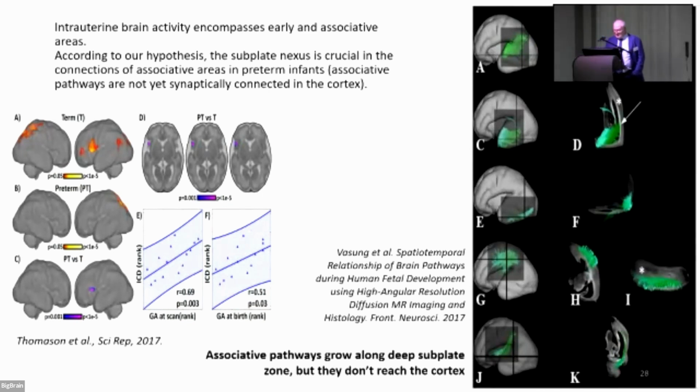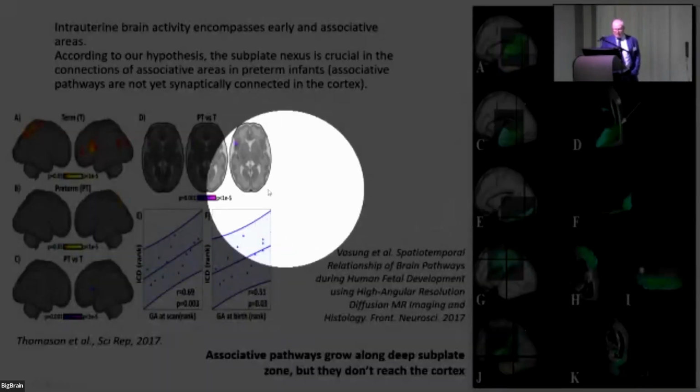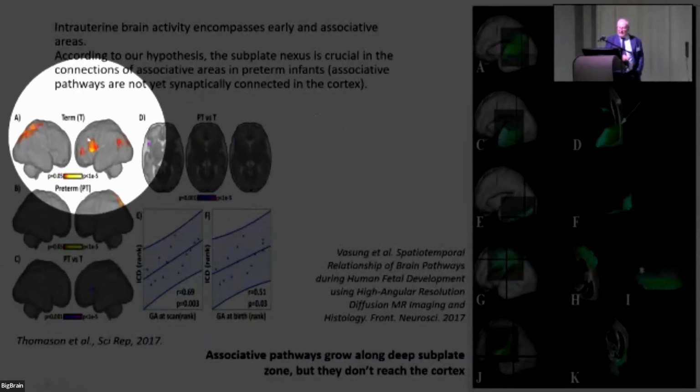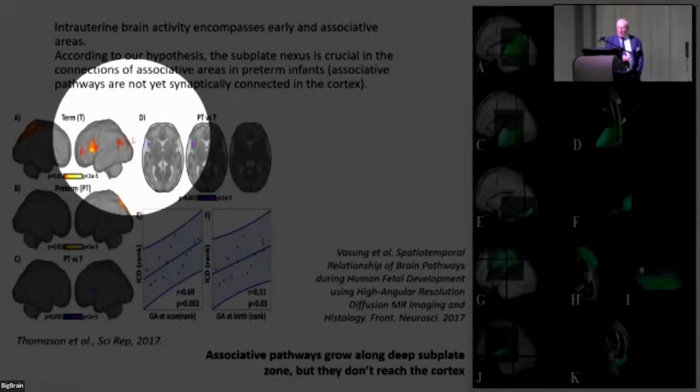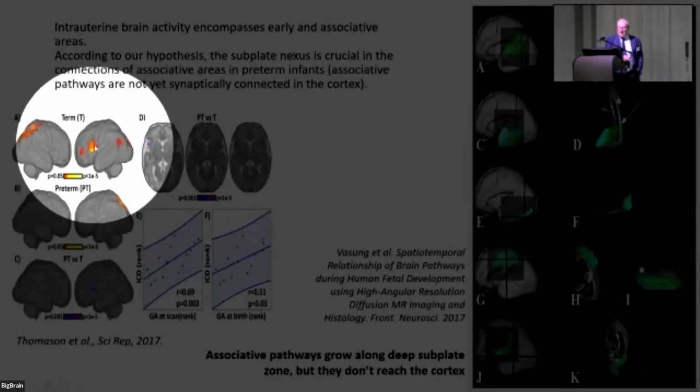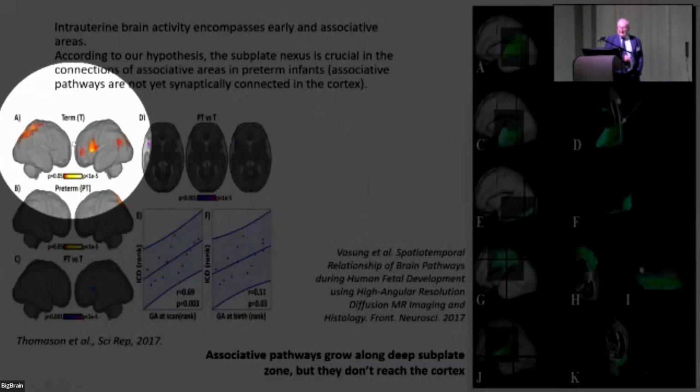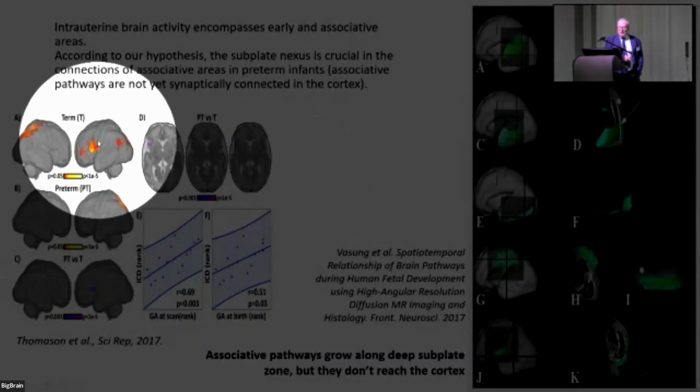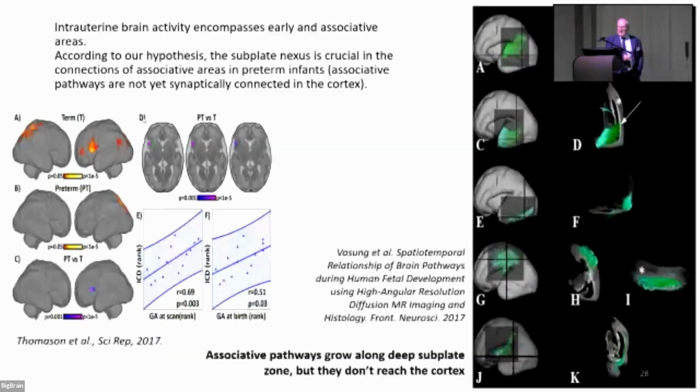And this is my explanation for several studies of Moria Thomison and this group, when they show in preterm infants high-order area connectivity, let's say here between the future Broca area and parietal cortex. I think this weak activity is through the subplate, not through real synaptic engagement of long cortical pathways.